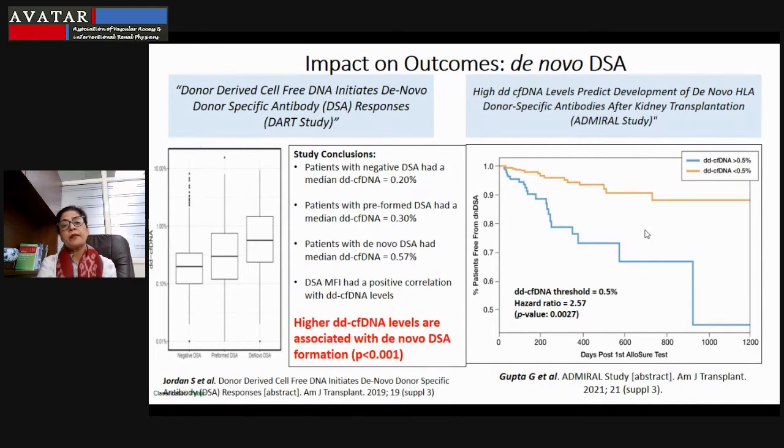And Gaurav Gupta et al., in their study, concluded that high donor-derived cell-free DNA levels predict development of de novo HLA antibodies after kidney transplant. And this shows the two groups where donor-derived cell-free DNA was greater than 5%, and this is the outcome when it was less than 0.5%.